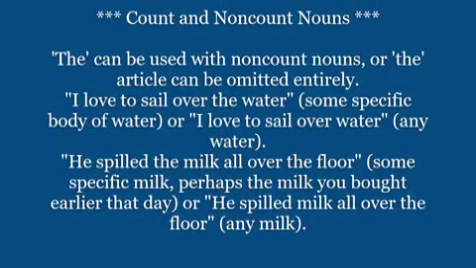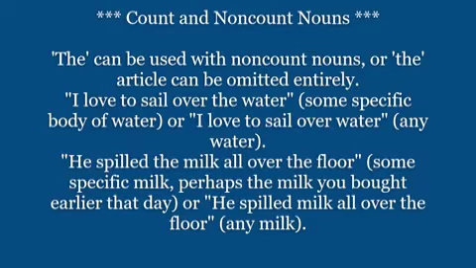The can be used with non-count nouns, or the article can be omitted entirely. For example, in this sentence, I love to sail over the water, some specific body of water.